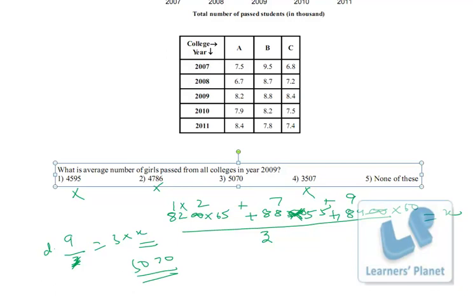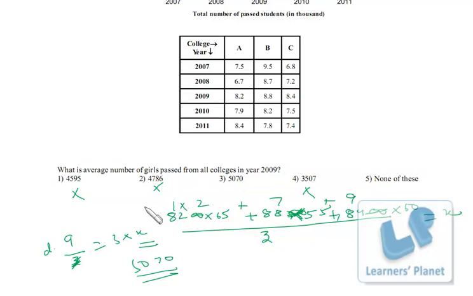Okay, and I hope you are clear with this. I have taken the digital root concept, or you can say I just found the number from the options which is giving me a multiple of 9. Right, this entire calculation is a multiple of 9. A multiple of 9 divided by 3, you should get a multiple of 3. So a multiple of 9 is equal to 3 into x, right?